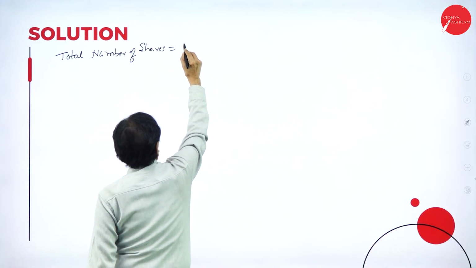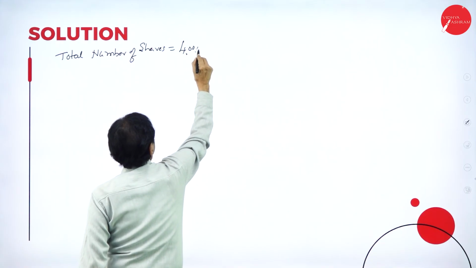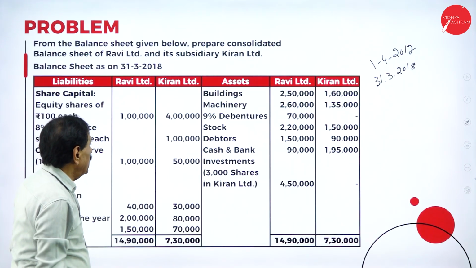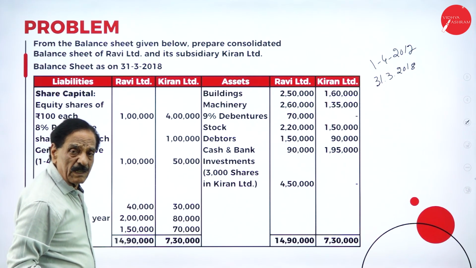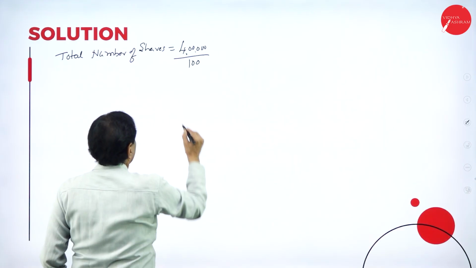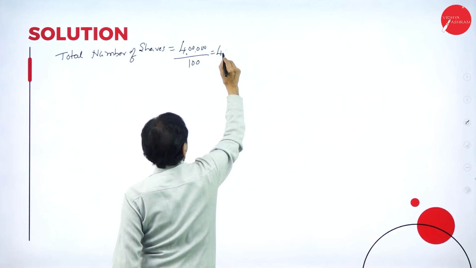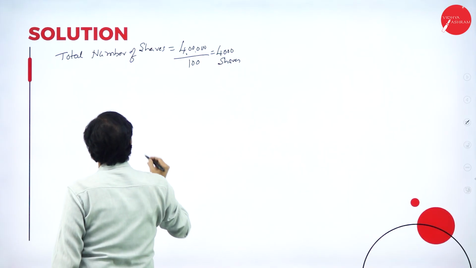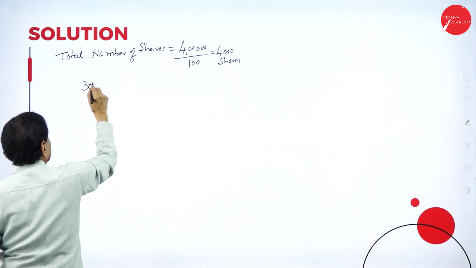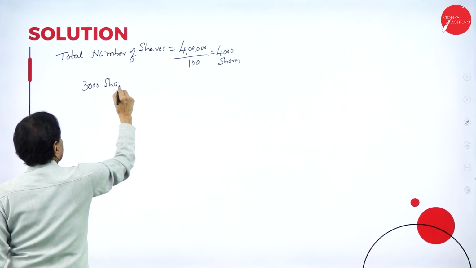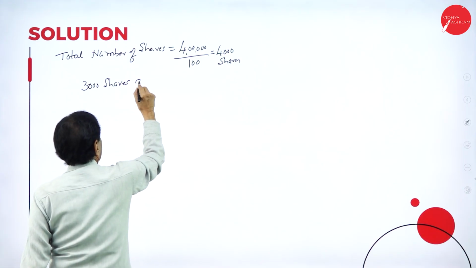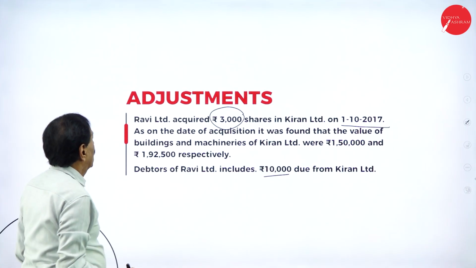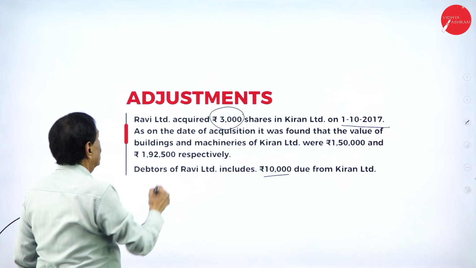is equal to 4 lakh divided by 100. So the subsidiary company Kiran, 4 lakh divided by 100, is 4,000 shares. Next, 3,000 shares acquired by Ravi Limited.